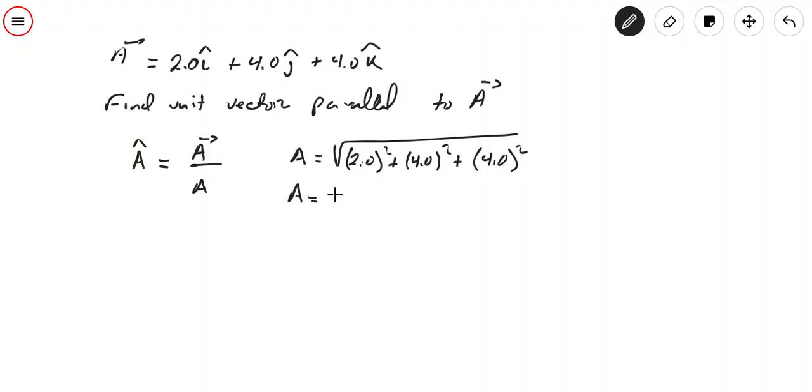So it would be here the square root of 4.0 plus 16.0 plus 16.0. So this is the square root of 36.0. And that would be 6.0.